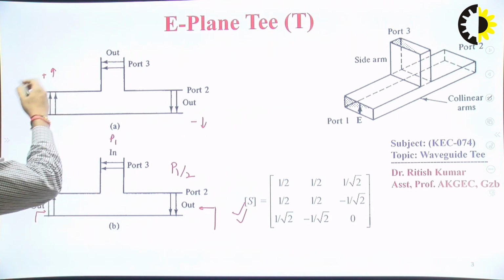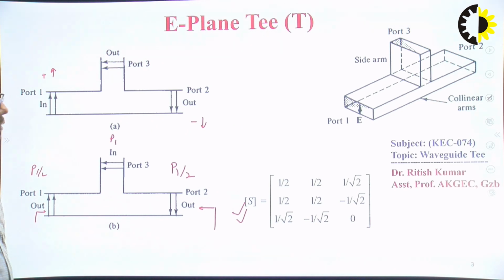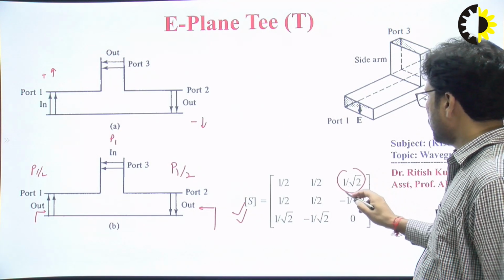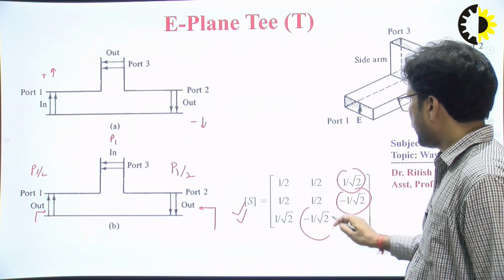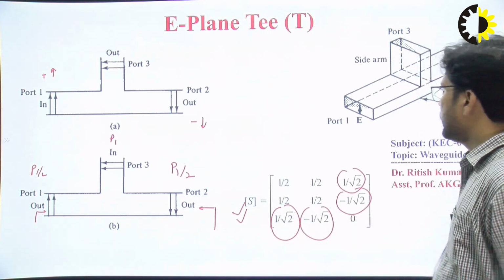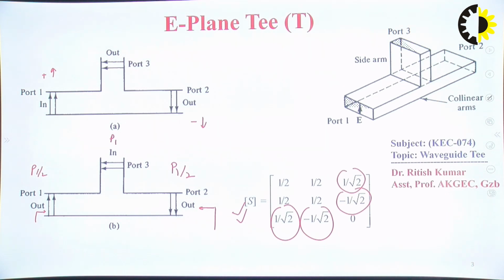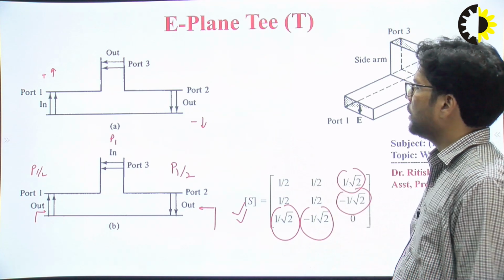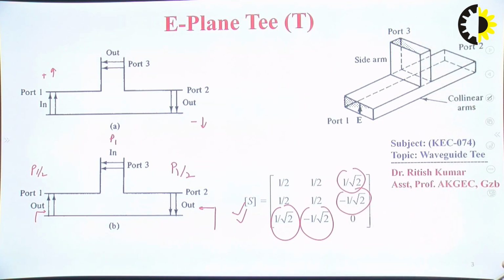By using these two orientations we have this scattering matrix, and you can observe here entries of 1 by root 2, 1 by root 2, 1 by root 2 and 1 by root 2. This is because of the power divider. So this is a scattering matrix that you need to remember.